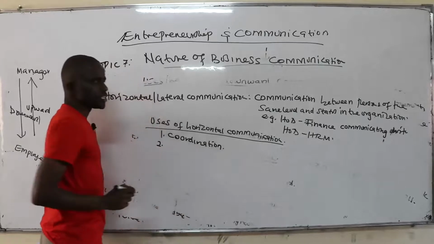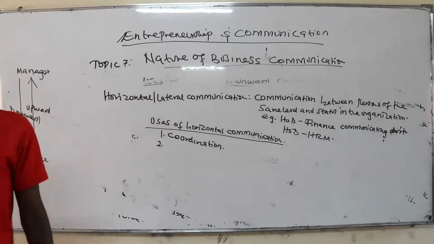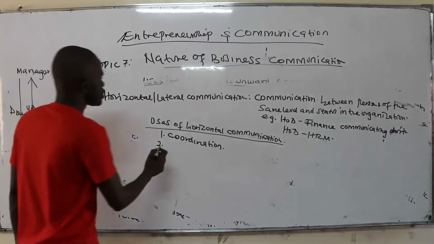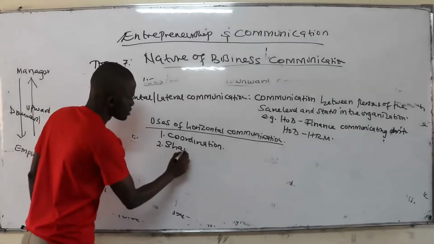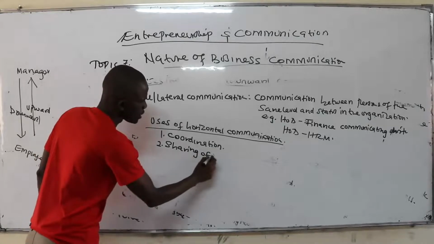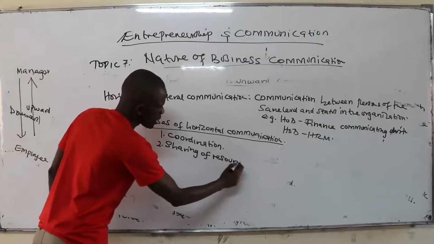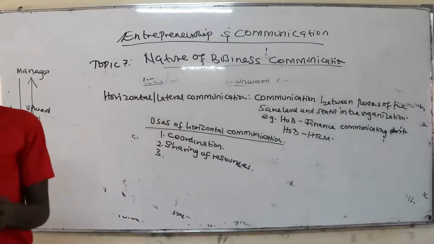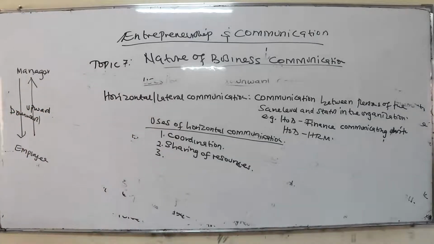Number two, for instance, we have one boardroom in the organization, so we need to share it. So, sharing of resources. Why else do you think horizontal communication is necessary?